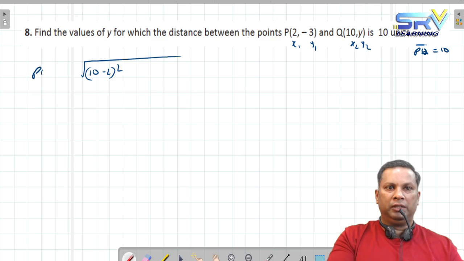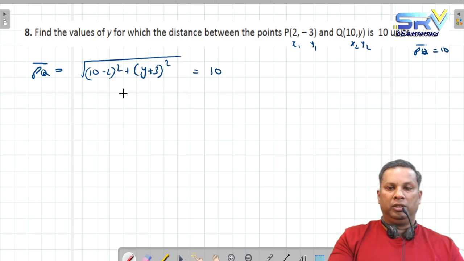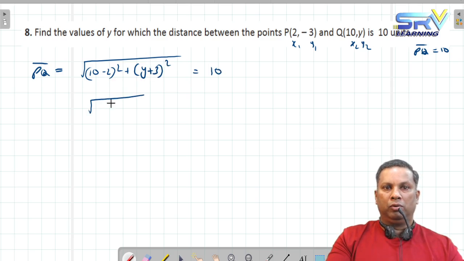This is pq, isn't it? And y minus of minus 3 कितना हो जाएगा? y plus 3 whole square. This they have given as 10. So कितना हो गया? Root of 10 minus 2 whole square plus y plus 3 whole square is equal to 10.